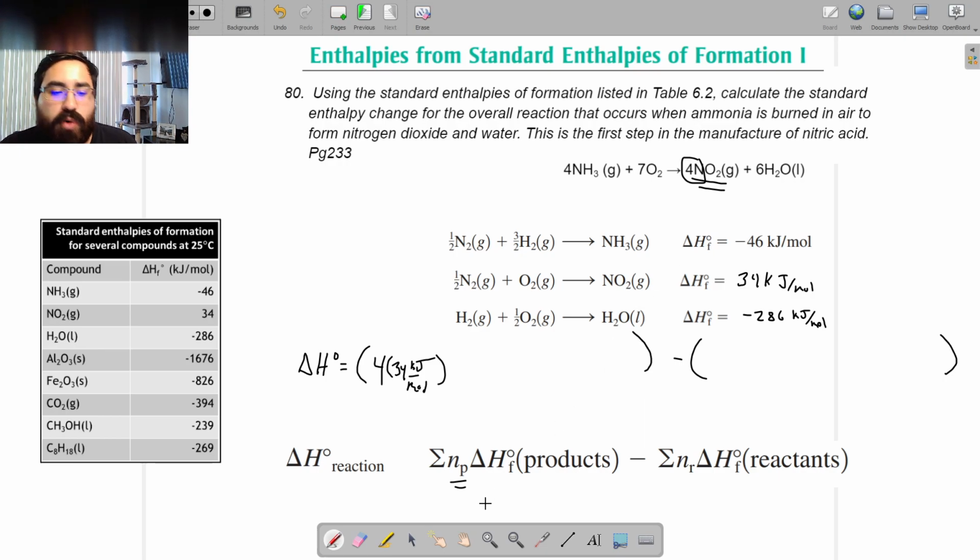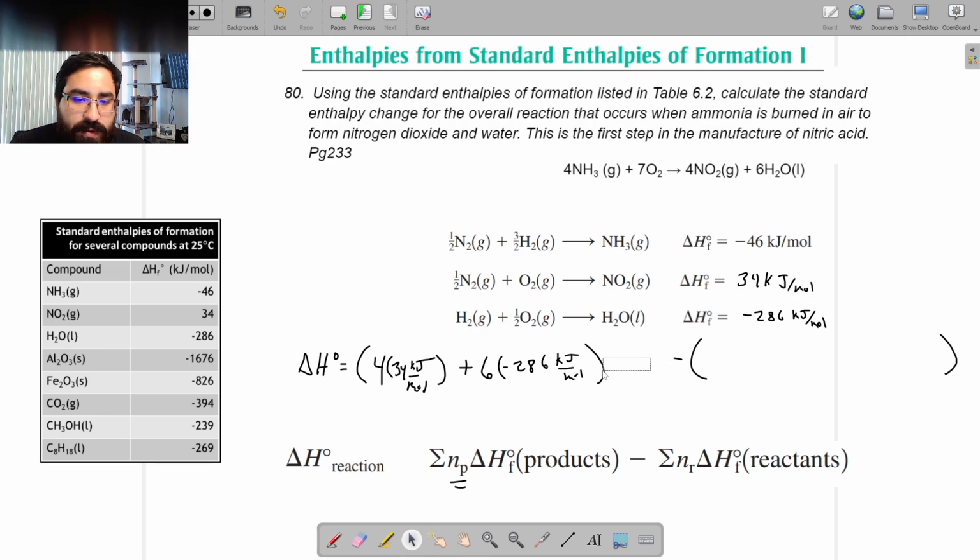All right, and what other products did I have? I had water. So I'm going to add, well, there were 6 moles of water, and I know that the delta H for water is negative 286 kilojoules per mole. All right, and then I'm going to move this closer so that it doesn't feel so far away.